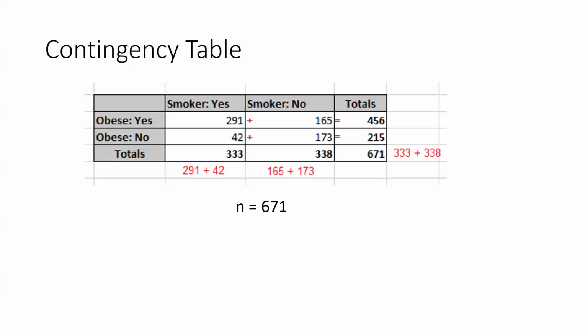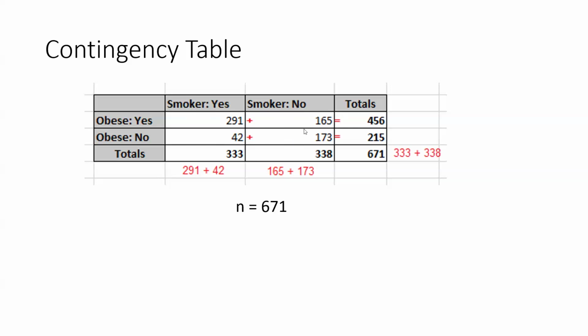All right. So if you're presented with a contingency table and your professor or someone on your research team is trying to inquire, maybe they want to know if you just understand the concept, and asks you how many unique individuals are contained within this contingency table, just add up all of the values contained within each cell that are not totals.